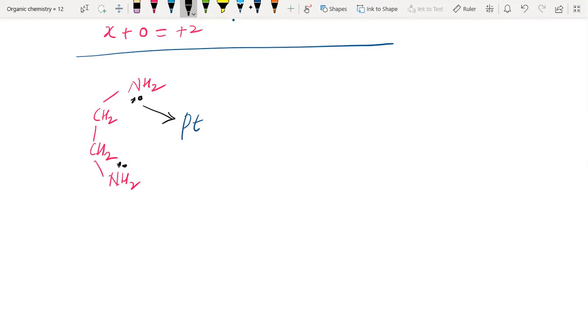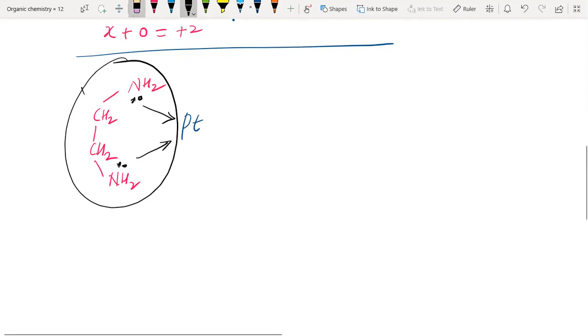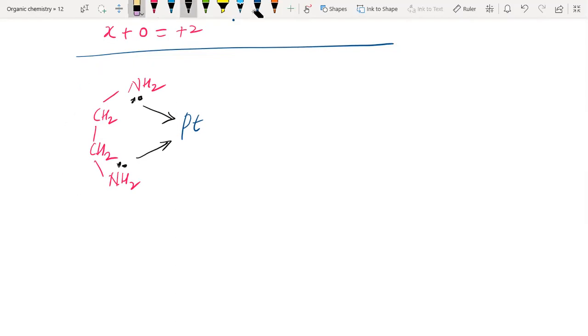This nitrogen donates electrons to platinum. So this is 1 molecule of ethylene diamine. We'll see another molecule. CH2, CH2, here NH2 and NH2. Nitrogen contains a lone pair, which can be donated.